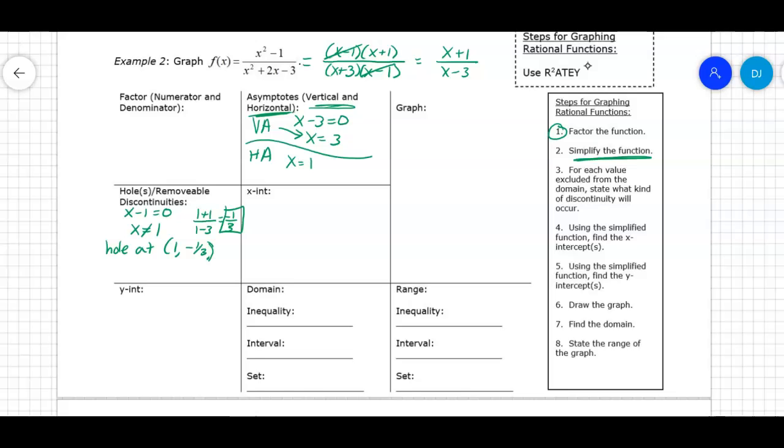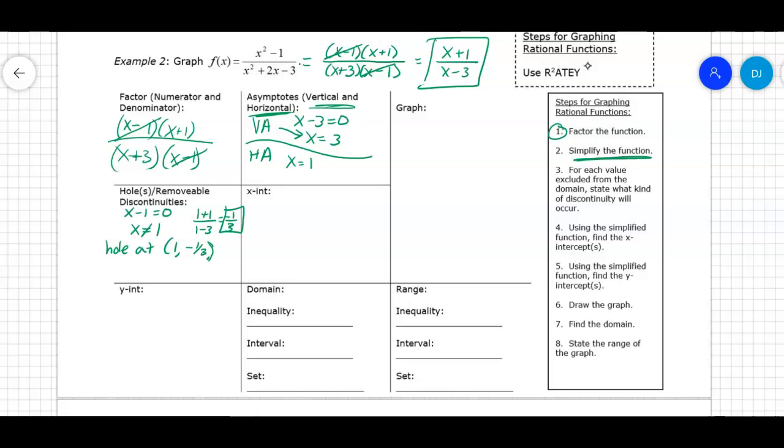Now, when we factor, I should have done that here: x minus 1, x plus 1, all divided by x plus 3 times x minus 1. These simplify out, which leaves us with f of x equals x plus 1 divided by x minus 3.